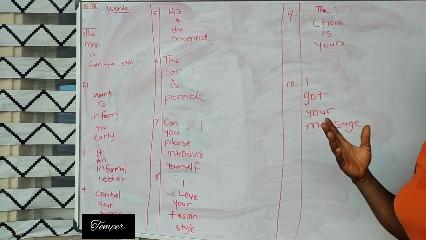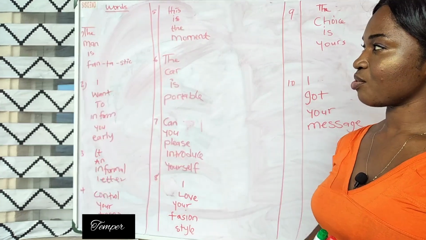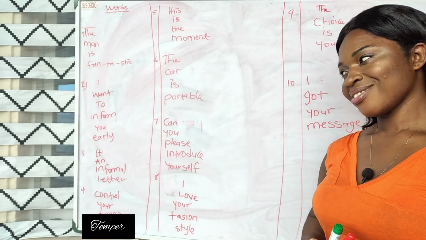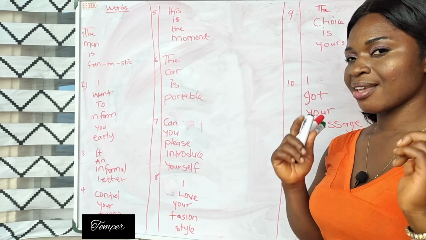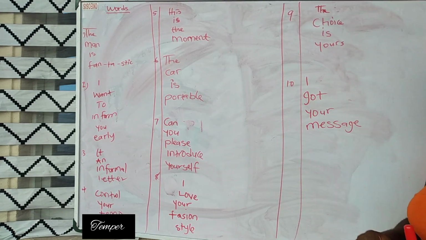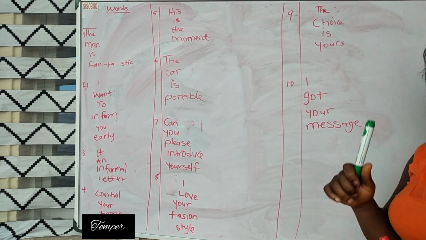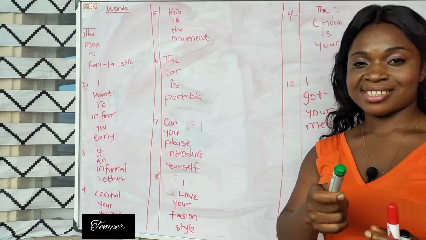Yeah, the choice to do certain work is yours. The choice to pick some words here and make it a sentence is yours. So the choice is yours. Then number 10, I got your message. Okay, you got my message.